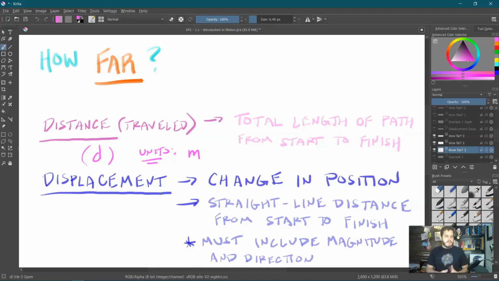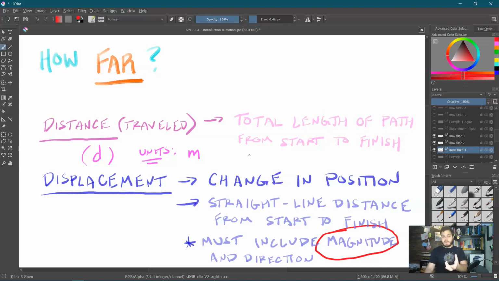It's a similar thing here. Displacement is a change in position. That is its formal definition. And it is the straight line distance from start to finish. So we don't care about the entire path anymore, just the beginning and the end. That's it. And it must include magnitude. Now, a quick note, what does magnitude mean? Magnitude just means size, quantity, number.